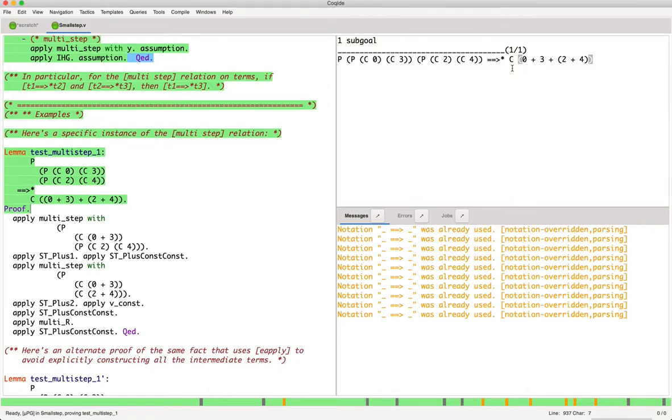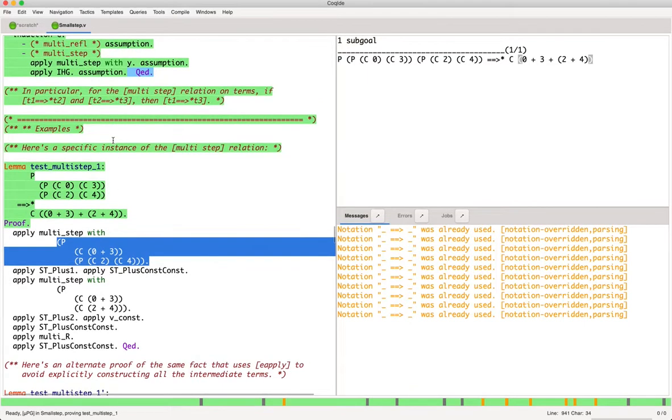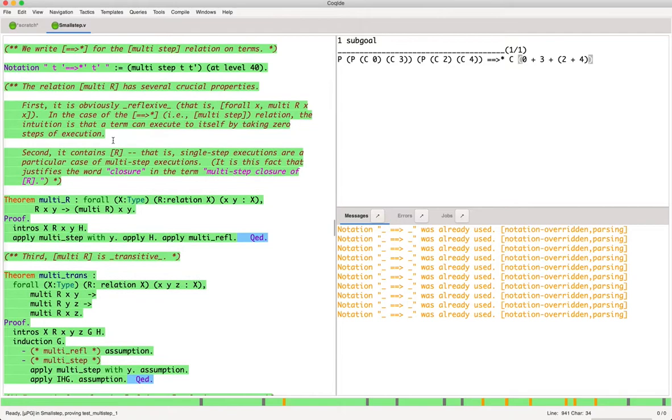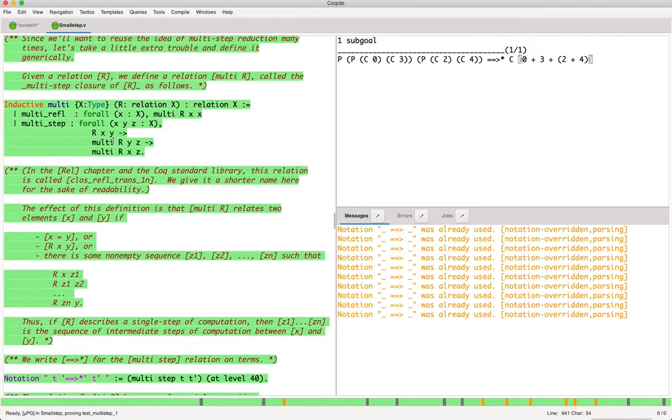So I have to use the sort of multi-step idea, and in this form you have to give the intermediate thing. So remember, in multi-step, if we go back to the definition, the two pieces you have to have are a single step between x and something, and then a multi-step from that something to the target z.